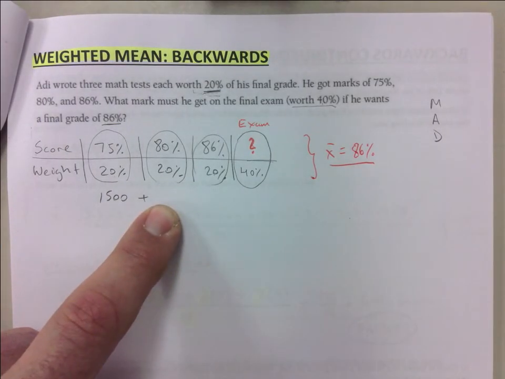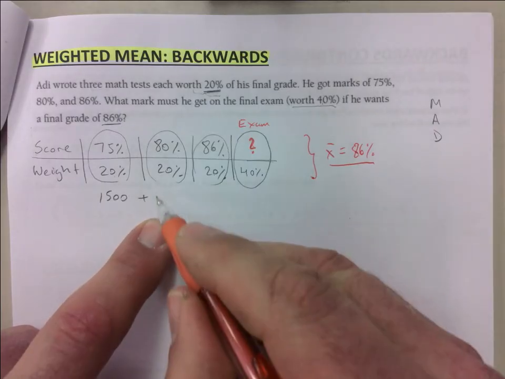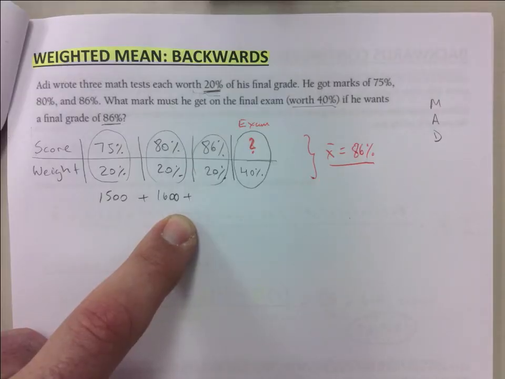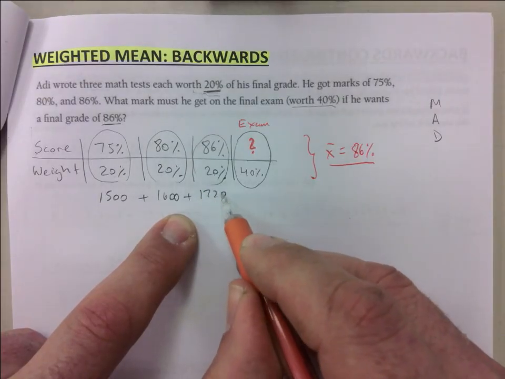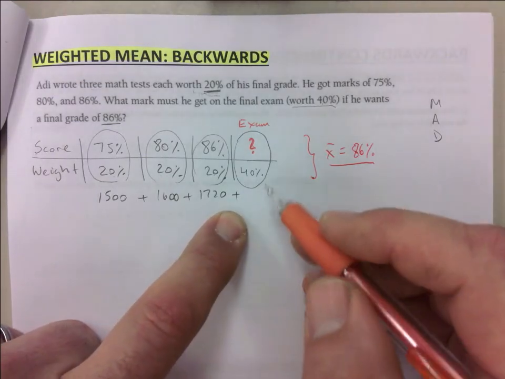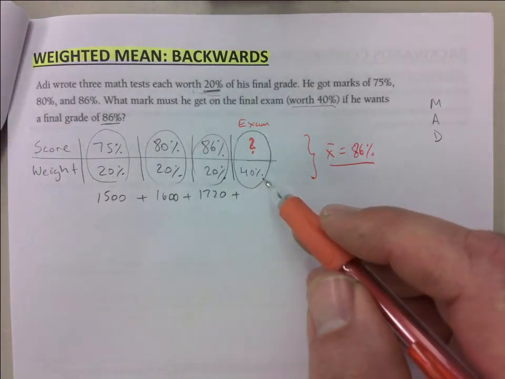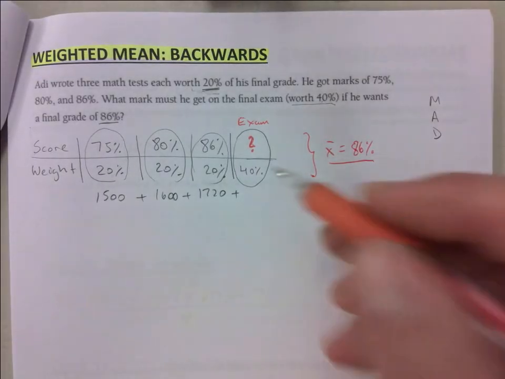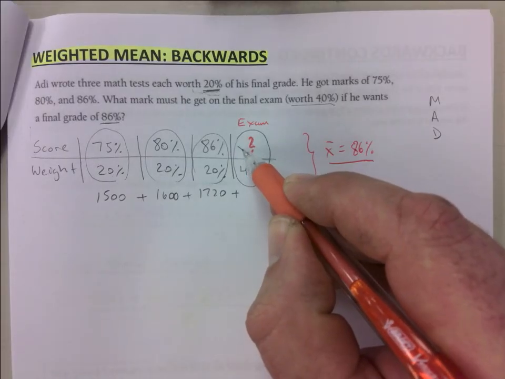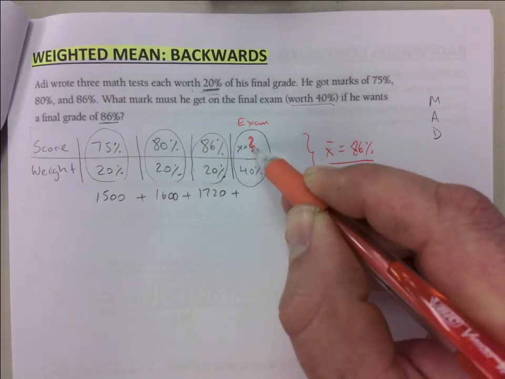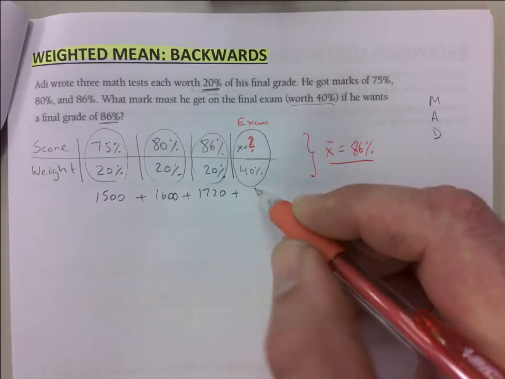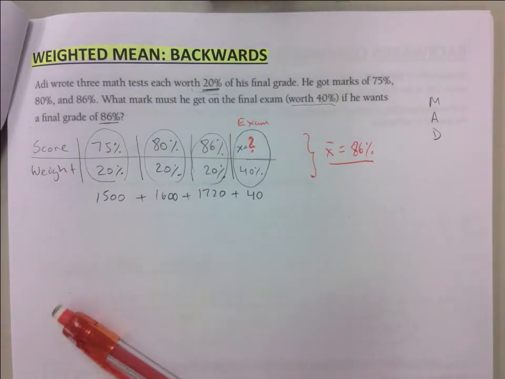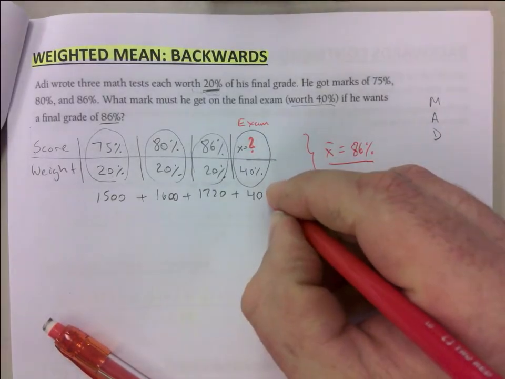Plus 80 times 20, 1,600. 86 times 20, 1,720. And what are we going to do here? What's 40 times question mark? We're going to put an X here right now, okay? X, like that exam. So we do this, 40X. X is going to be what we're going to solve for.